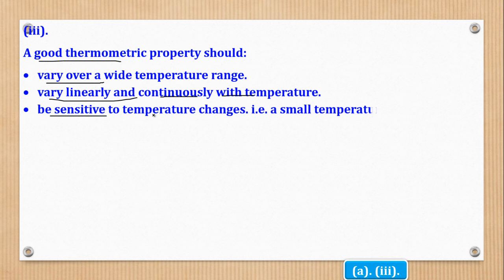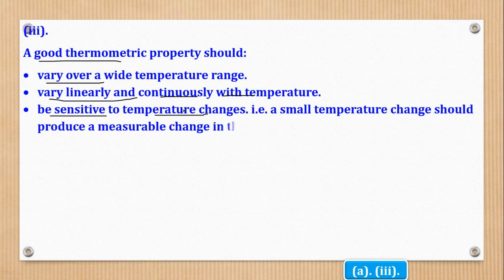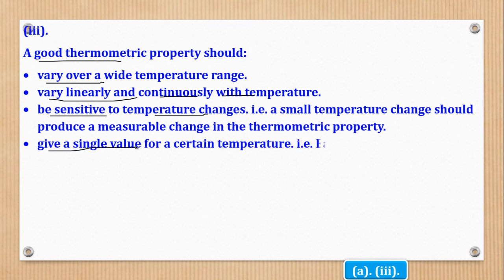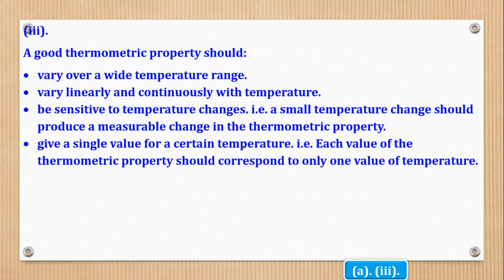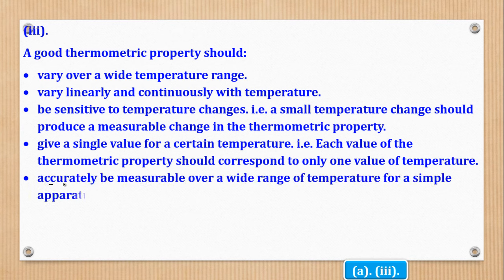Be sensitive to temperature changes, and 4. Give a single value for a certain temperature. Then it should be accurately measurable over a wide range of temperature with simple apparatus. So any of the 2 is okay.